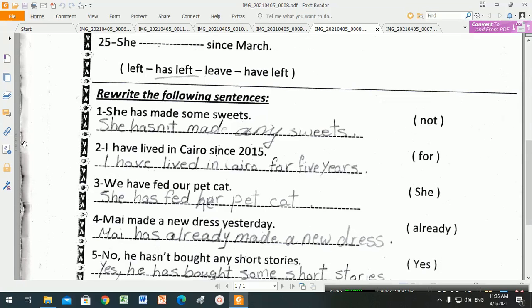So we want to change this sentence into negative. It's very simple. Just put not after has. She hasn't made. You notice this? Some. We should change some into any. Why? Because some comes with the affirmative sentence العادية. But if I want to change a sentence into negative, I should also change some into any. Okay? So she hasn't made any sweets.